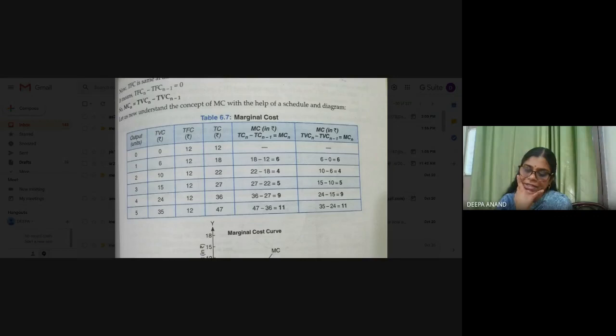That is delta TC upon delta Q. Delta TC upon delta Q. Clear? Is this much clear?